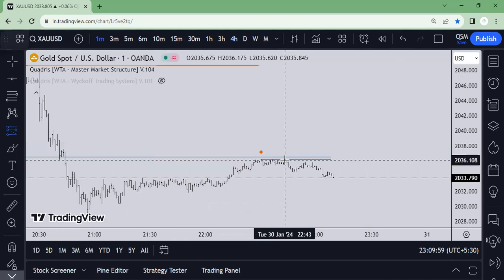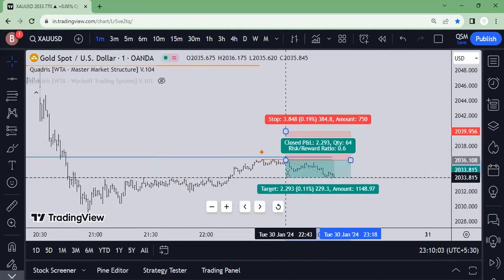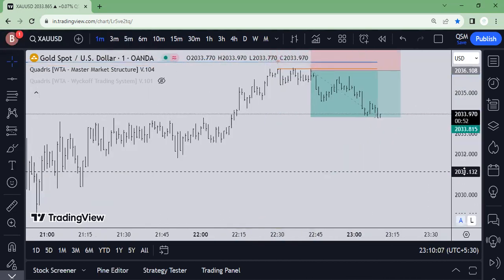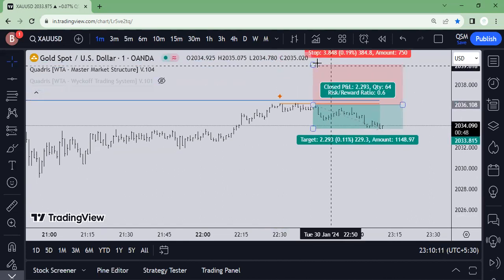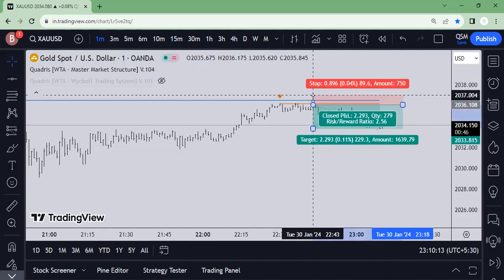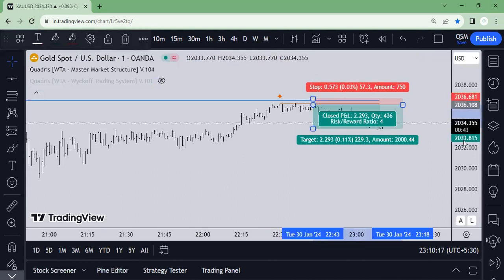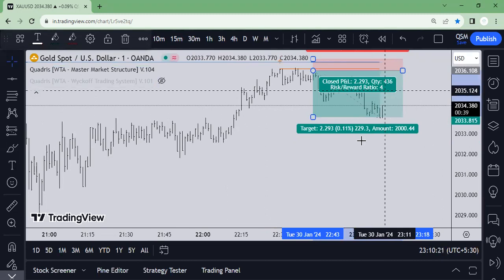So this was a shorting opportunity. This is the gain so far. As usual, your stop would have to be above this level. So you have already achieved a risk to reward of 1:4.